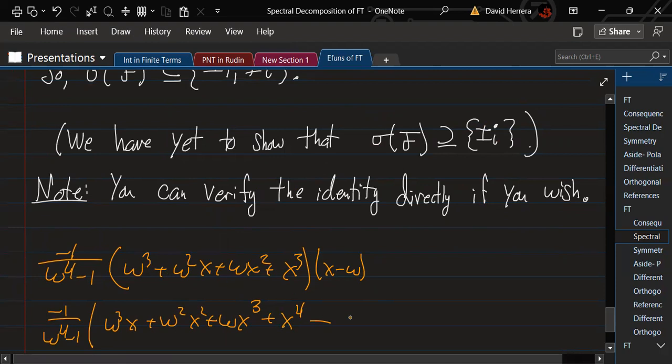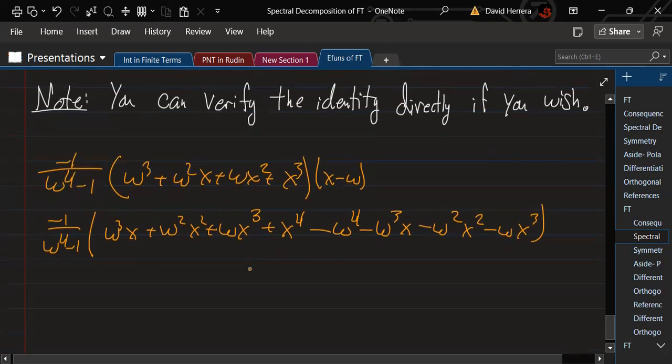And then put the omega in, minus omega to the 4 minus omega cubed x minus omega squared x squared minus omega x cubed. And what do I need to know? I need to know the x to the 4 is 1. So this is 1.